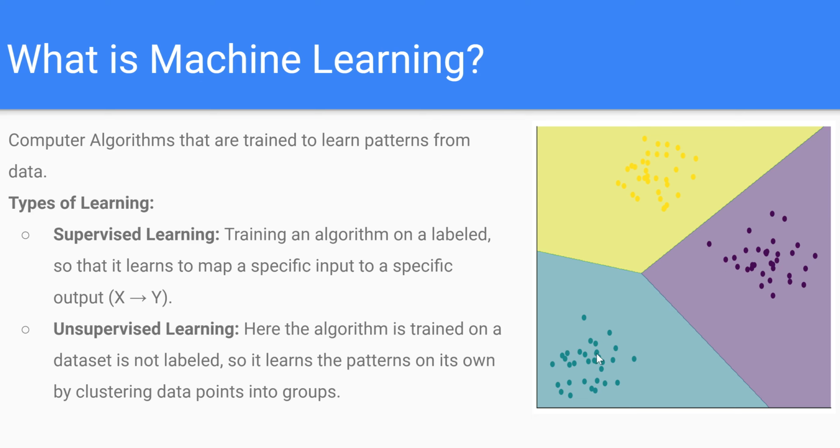In a supervised learning approach, each one of these points would already be labeled with its group number. So this one right here could be sold within 6 months, this one could be sold within 12 months, and this one could be didn't sell at all. That could be the group labels for the cars, and these could be two features of a car, like its age and its condition rating.